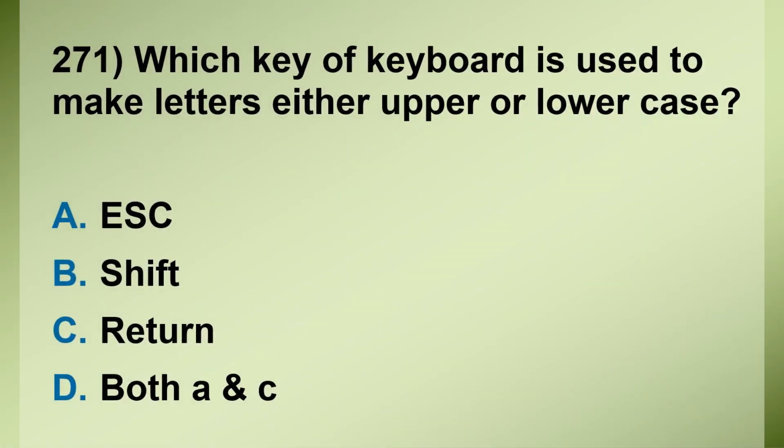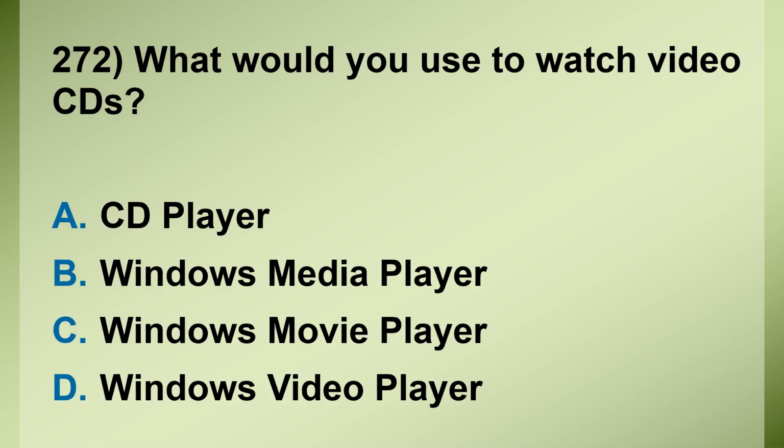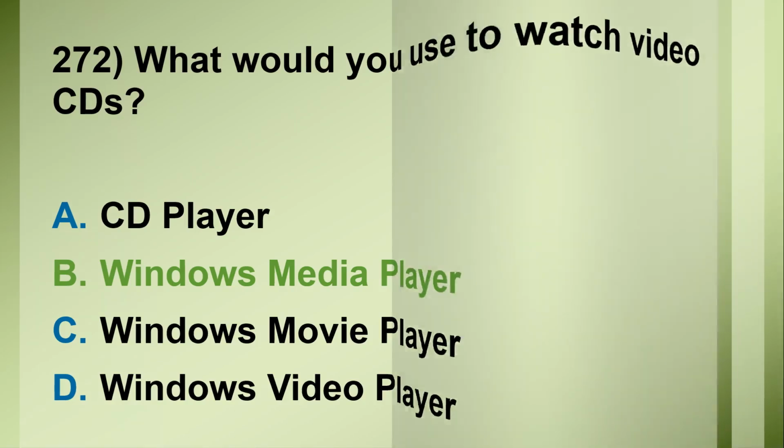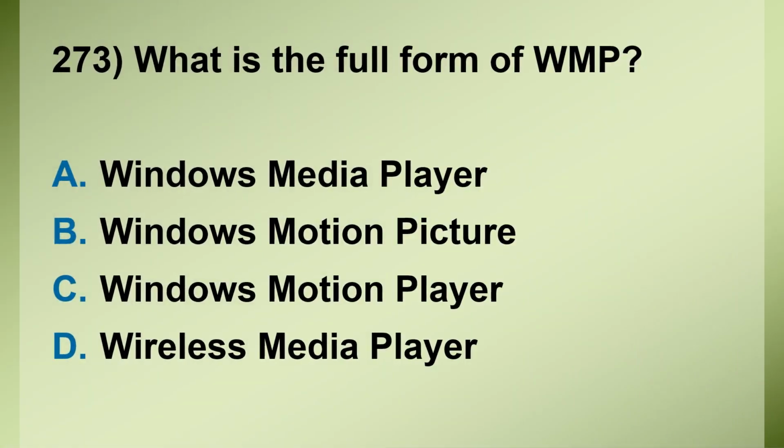Which key of keyboard is used to make letters either upper or lowercase? That is Shift. What would you use to watch video CDs? Windows Media Player. What is the full form of WMP? It is Windows Media Player.